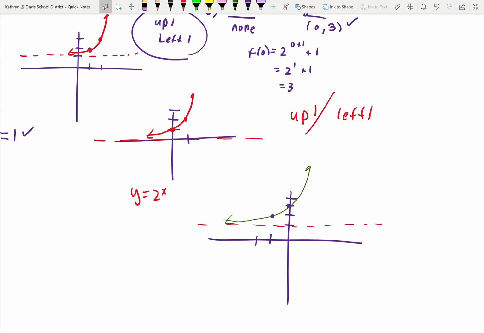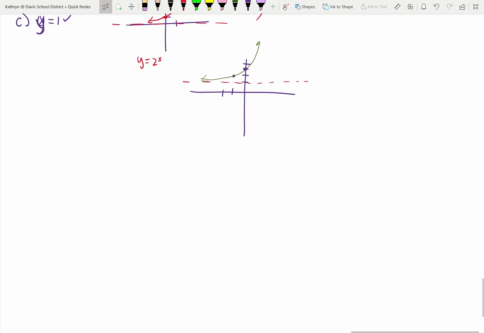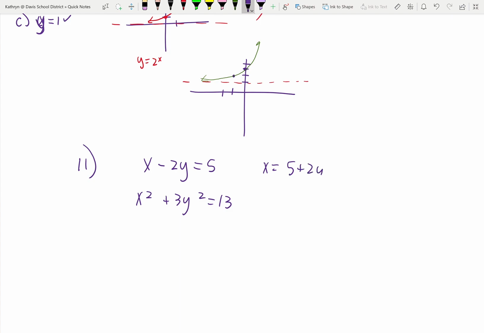Okay, great. Now let's go back to 11. Okay, so question 11. I'm just going to do it again. Okay, so we have x minus 2y is equal to 5, and x squared plus 3y squared is equal to 13. Solve that for x, and you have 5 plus 2y.